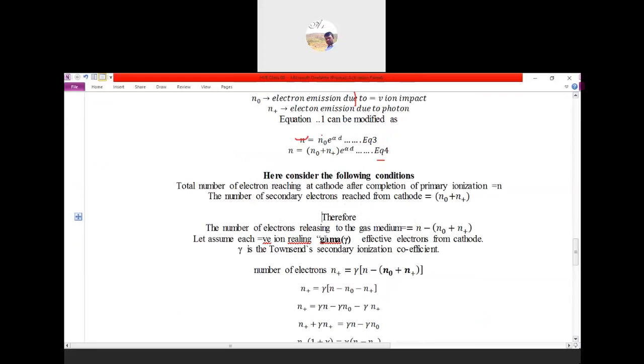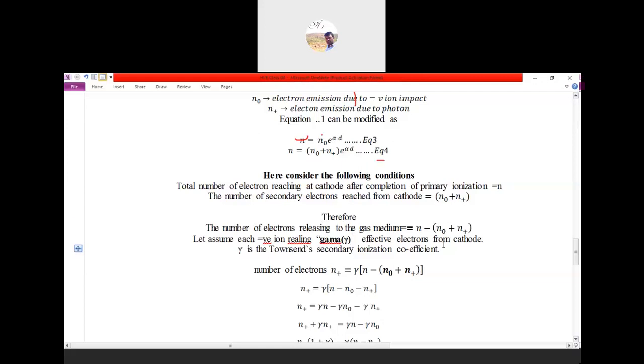So from the equation, the number of electrons flowing over that distance is given by total n equals n naught e power of alpha d, or x, whatever the value.